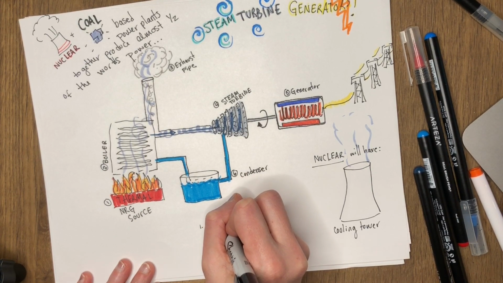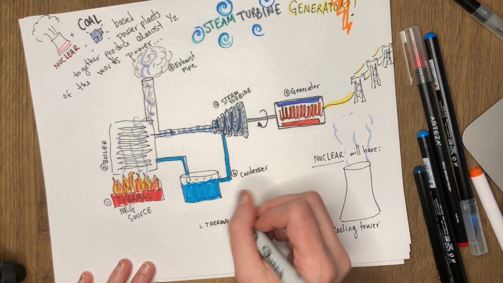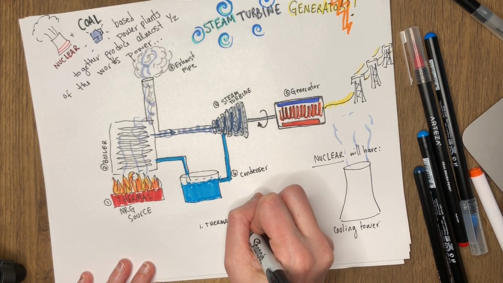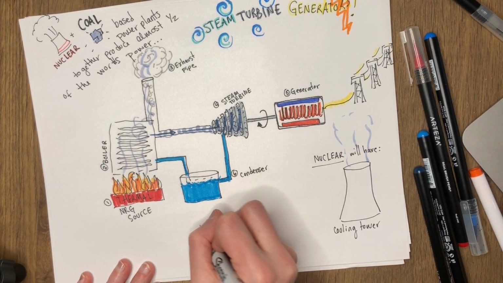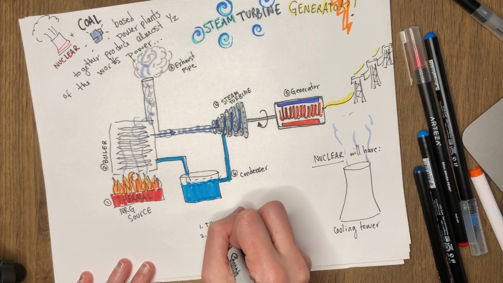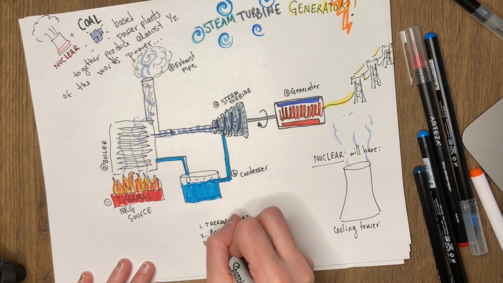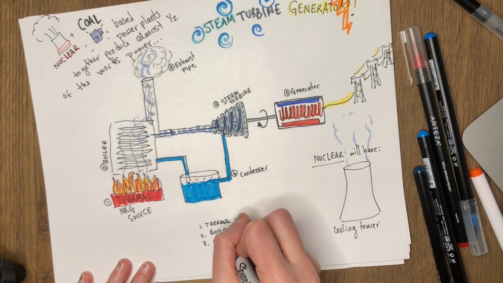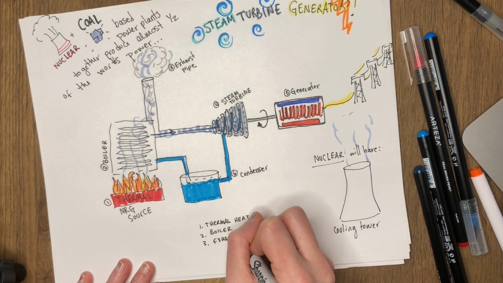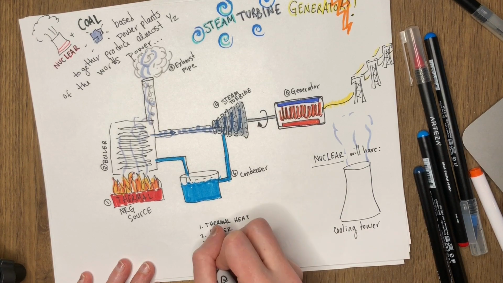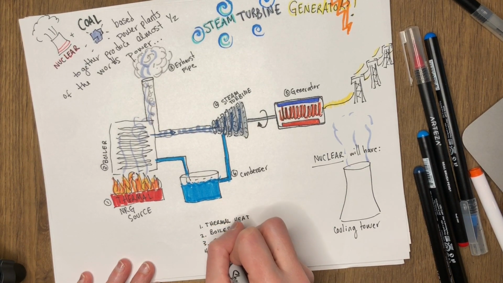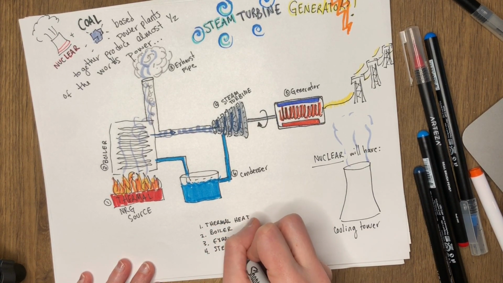We have our heat source. This is a burned organic fuel, nuclear chain reaction, geothermal heat source, whatever it is providing thermal energy. We have our boiler, where water is boiled into high pressure steam. We have our exhaust pipe, which is the byproducts of burned fuel that has to be released. It has to go somewhere into the atmosphere.